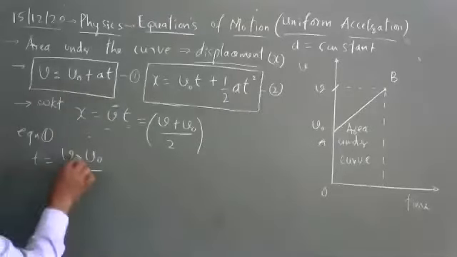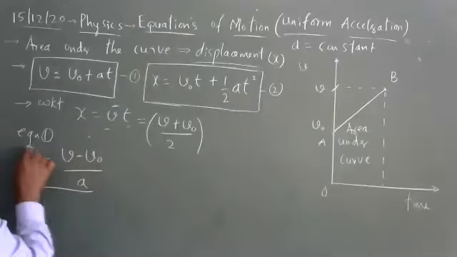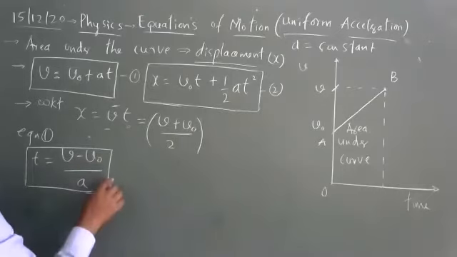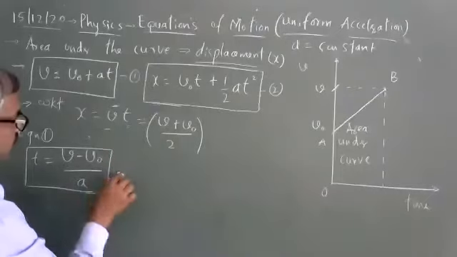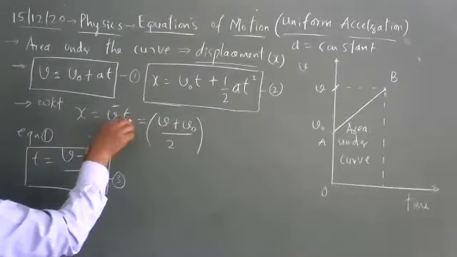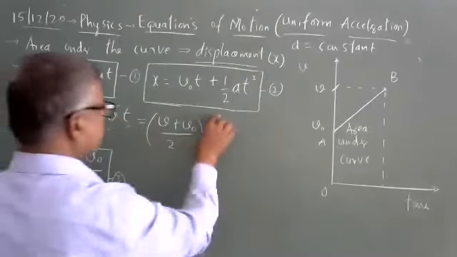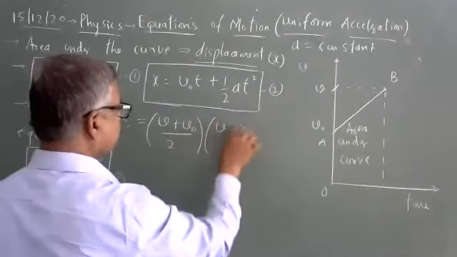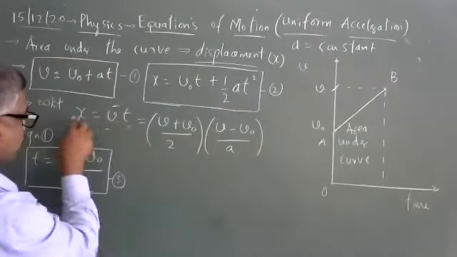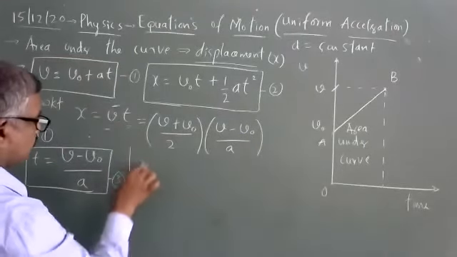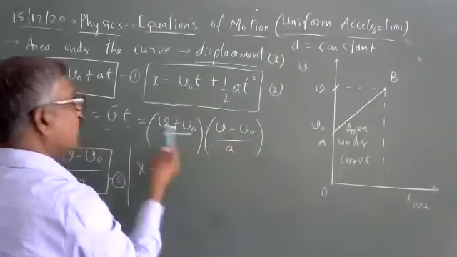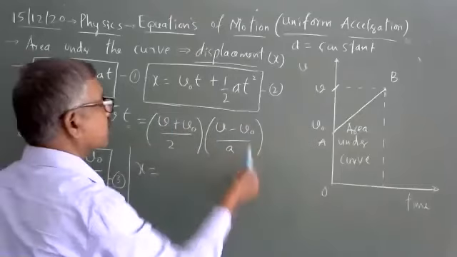Call this equation 3. If 3 is put wherever t is present in equation 2, this reduces to x equal to (v plus v0)(v minus v0) over 2a. It looks like (a plus b)(a minus b).